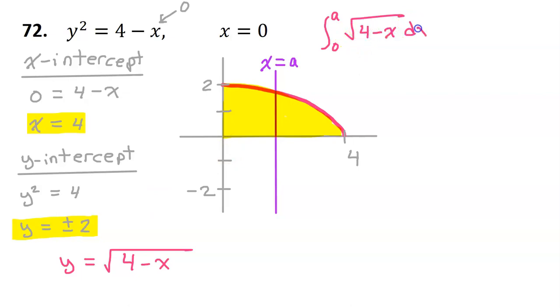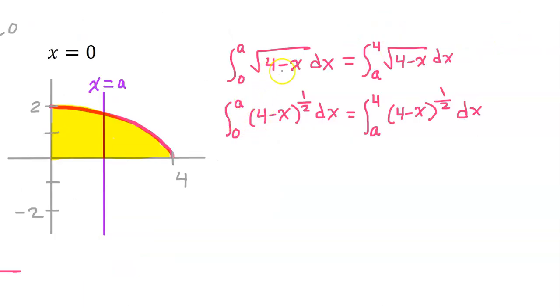For the area on the right, we will integrate from a to 4. And this will still be the square root of 4 minus x. So let's just calculate both of these integrals and solve for a.